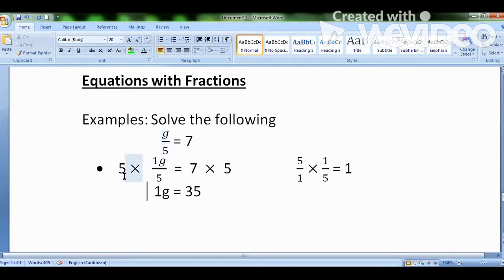What would I multiply both sides by to get rid of this 10? Another 10. You follow? Okay. So this 5 cancels out that 5, and 7 times 5 is 35. Any questions?